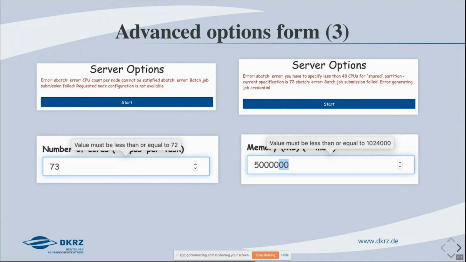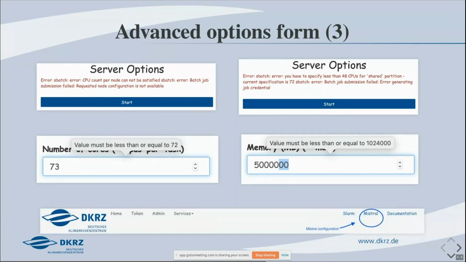But for the other fields, I suggest that you first take a look at the Mistral configuration page. I added the link here, and there you will see the available partitions and their resources, for example how many cores can be found in the shared partition. So it's worth taking a look there before you use the advanced options form.